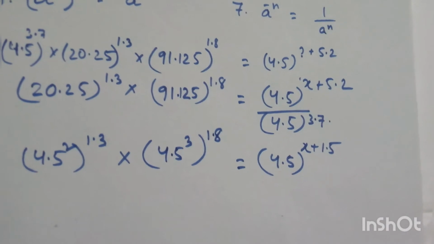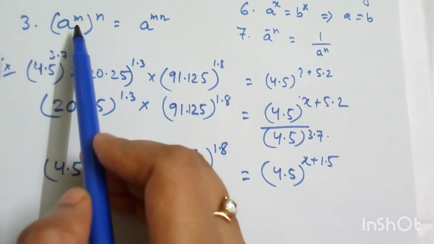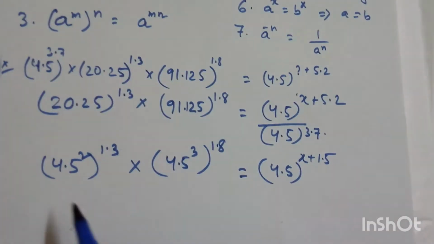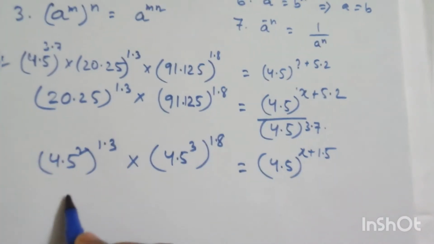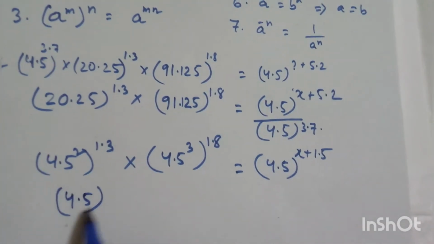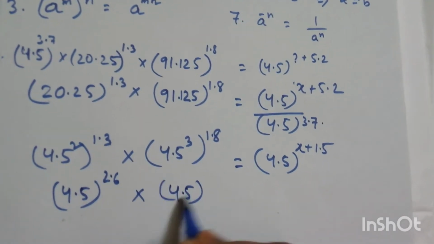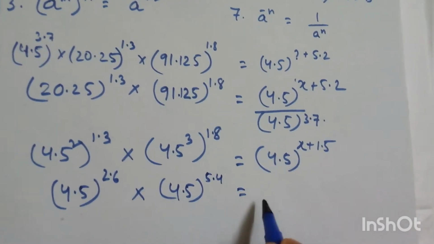So now from this formula, a to the power m whole to the power n equals a to the power mn. Likewise, multiply this power, you will get 2.6, and multiply this number, you will get 5.4.